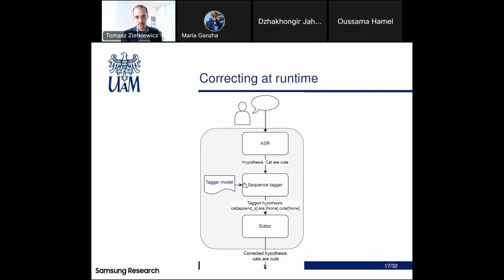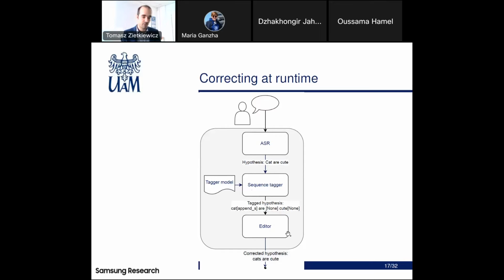And how is this model used at runtime? Well, the ASR model returns some hypothesis. Then we have the tagger model trained, which tags every word in the hypothesis with some tag. So here, the first word is tagged with append s, and the others are tagged with none, so an empty operation.